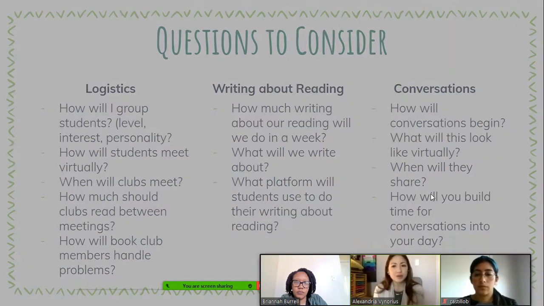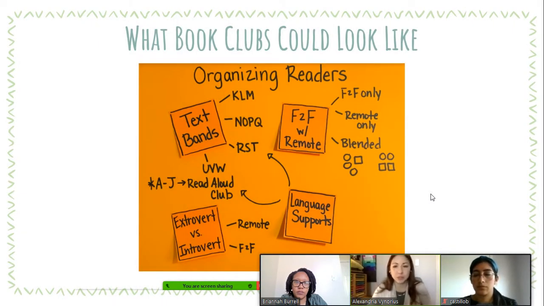When we think about organizing our book clubs and how to organize our readers, you might decide to group them based off of the bands of text complexity. This is ensuring that all readers in this band should be working on the same thinking work specific to that band.